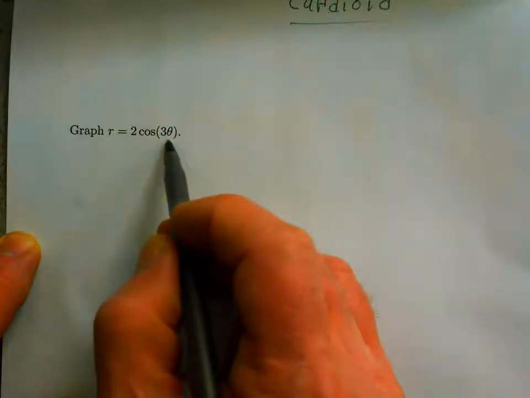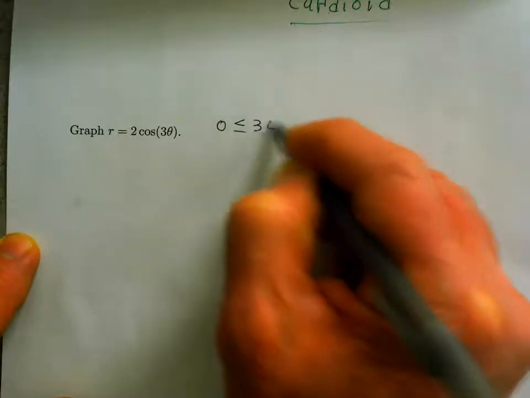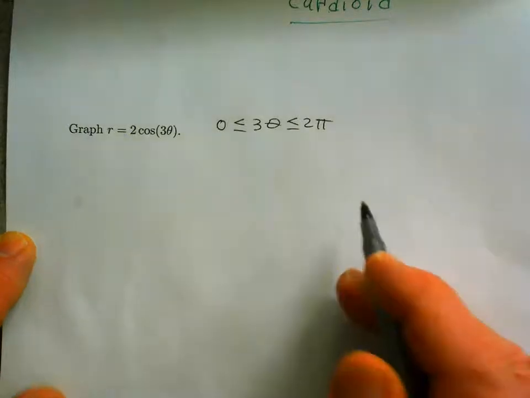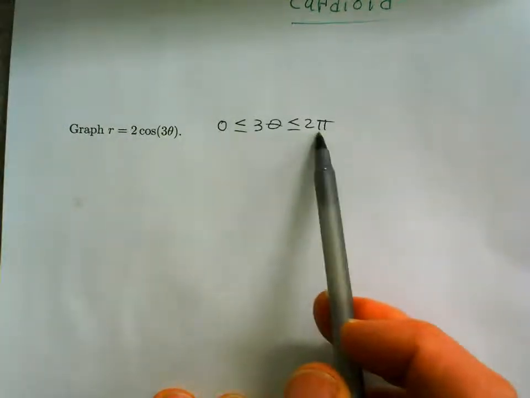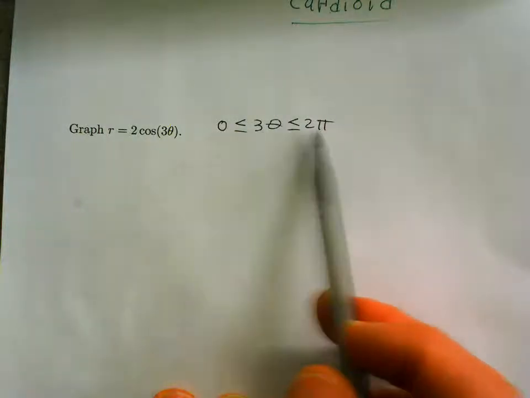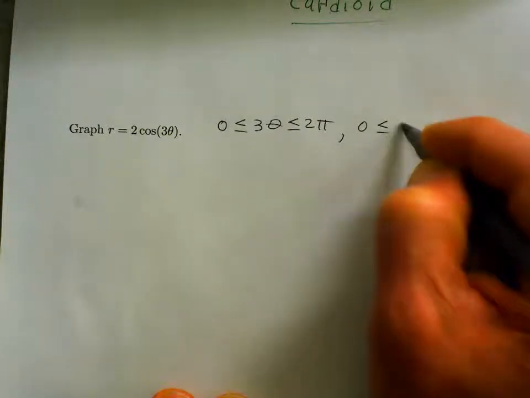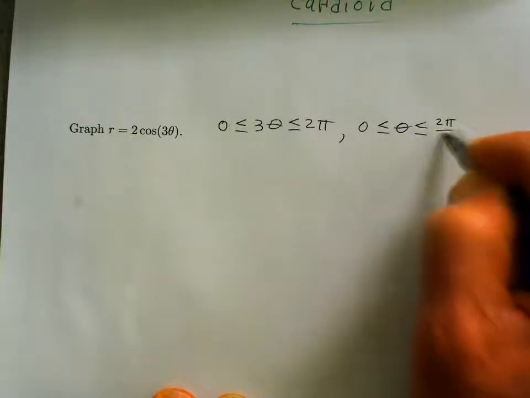Since we have 2 times cosine of 3 theta, you might remember this from trigonometry. If you write 0 less than or equal to 3 theta less than or equal to 2 pi, and then divide each of those by 3, we get 0 less than or equal to theta less than or equal to 2 pi over 3.